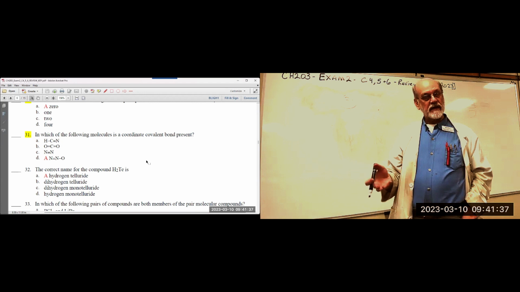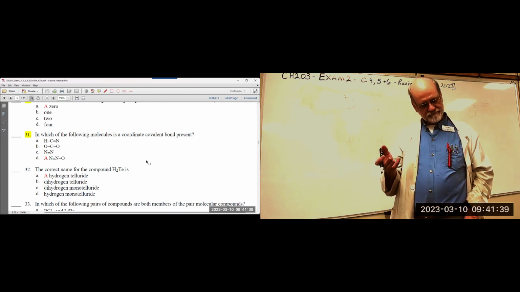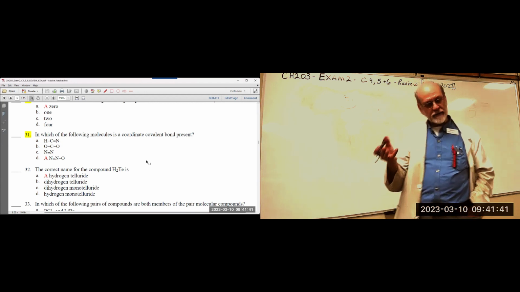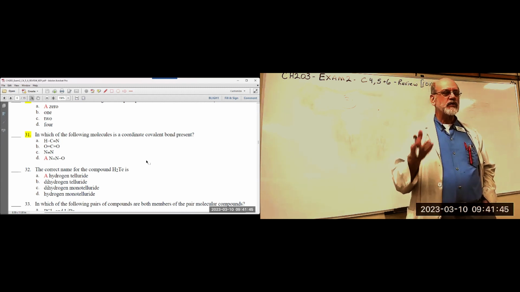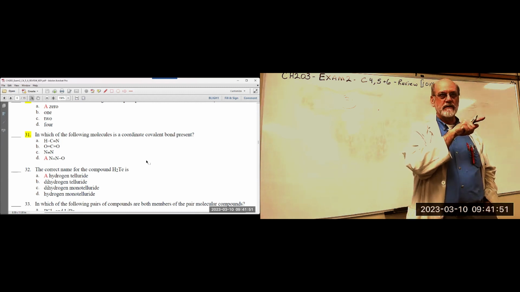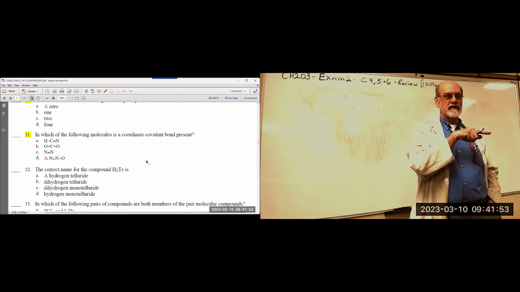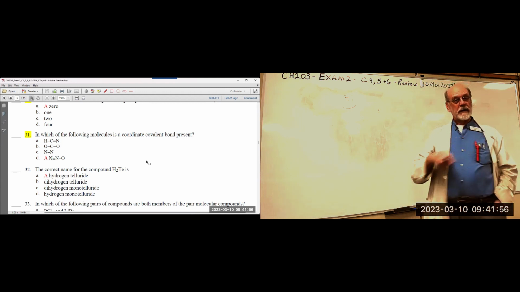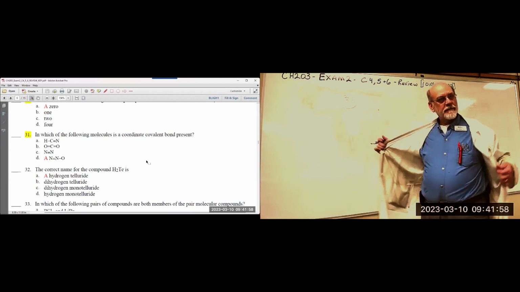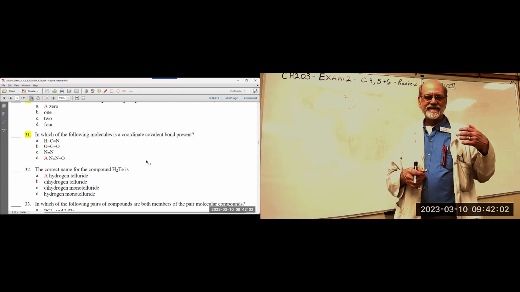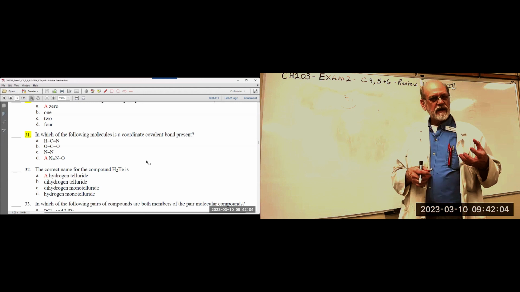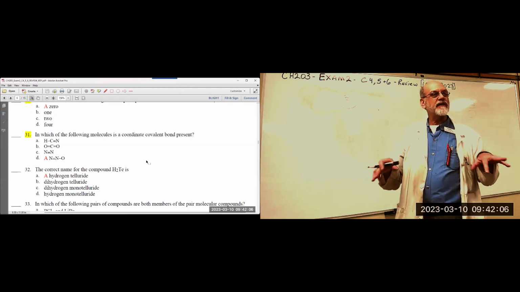It's a covalent bond which is formed from 2 electrons from only one of the bonding partners. So what we want to do is find a molecule that's perfectly happy without the extra bond.